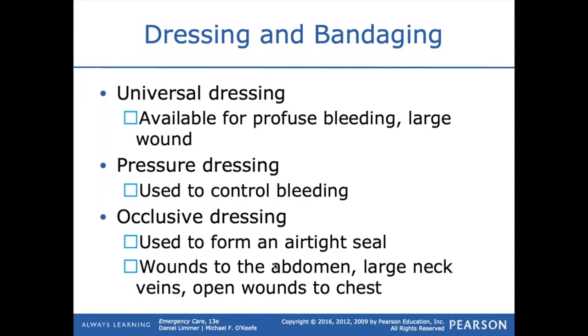Okay, we want to seal the chest so that we don't have air get sucked into that cavity, the visceral pleural space. Jesus, I was confusing it with the abdomen. Into the pleural space, causing a pneumothorax.